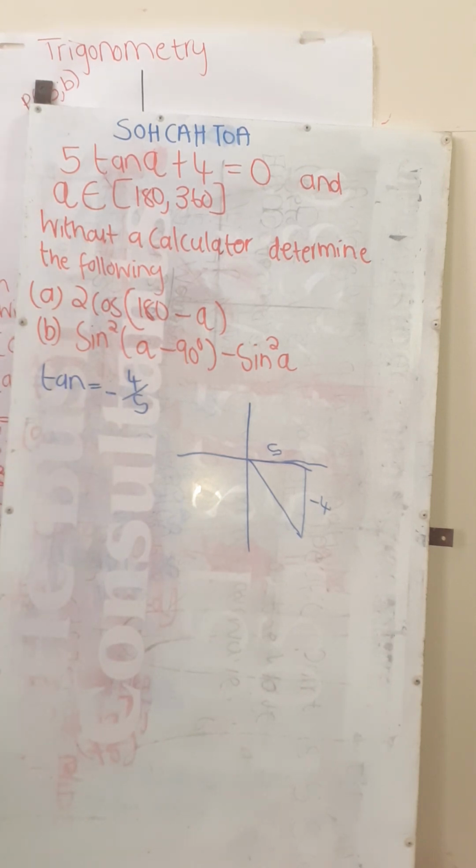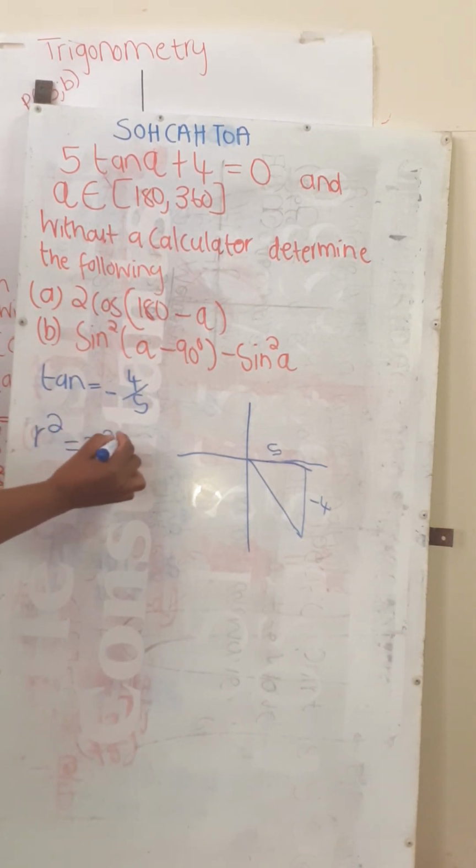What we are going to do now is to find the radius. For that, I'm going to use r squared equals x squared plus y squared.